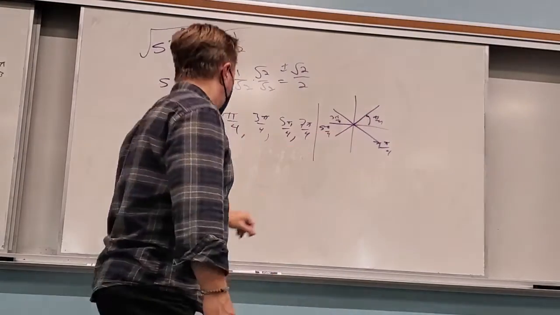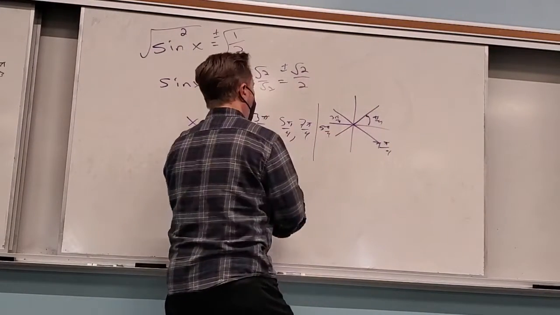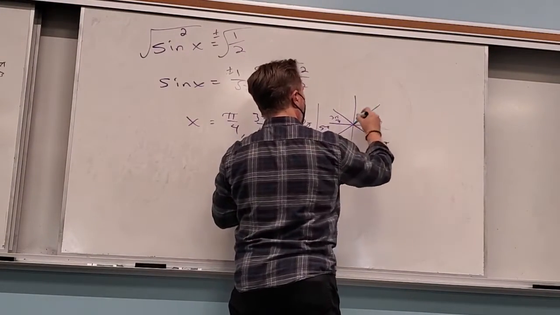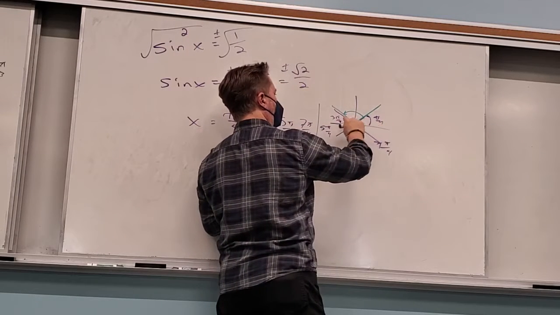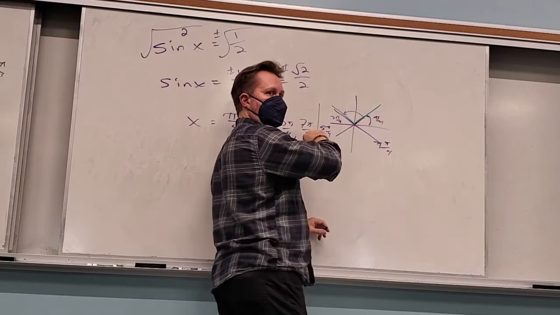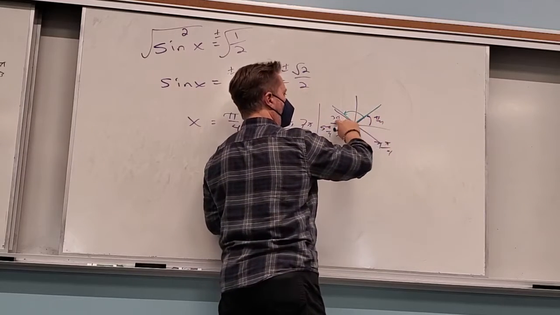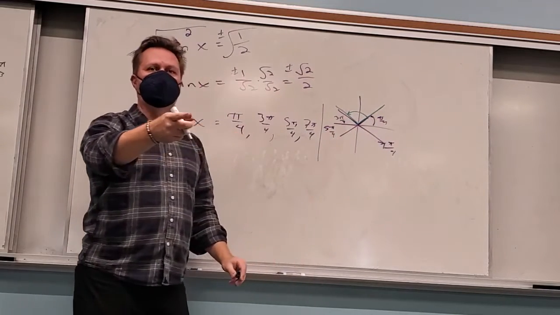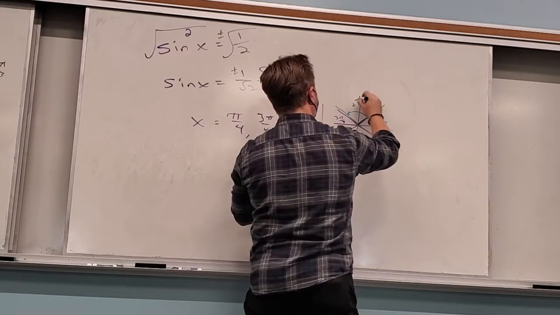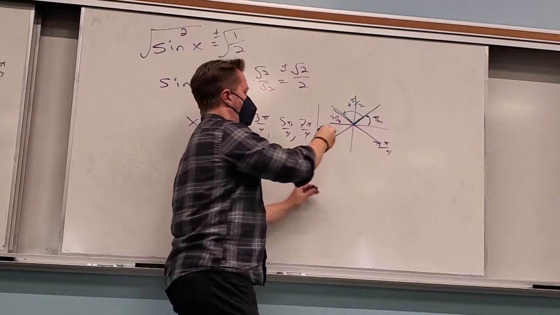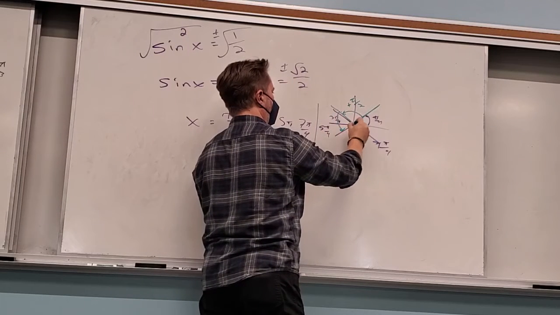Let's start at the first answer. How far do I go from this first answer to this answer? From pi over 4 to 3 pi over 4. How far is that? Yeah, 2 pi over 4, pi over 2. I love it. So this is plus pi over 2, right? How far is this from the next answer?